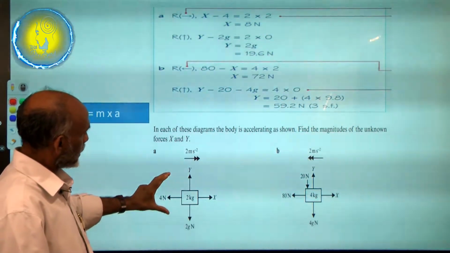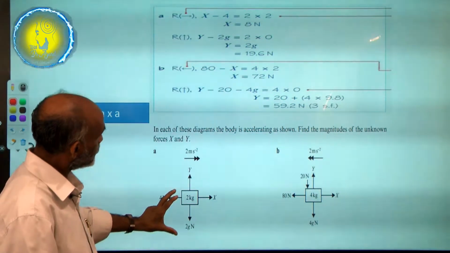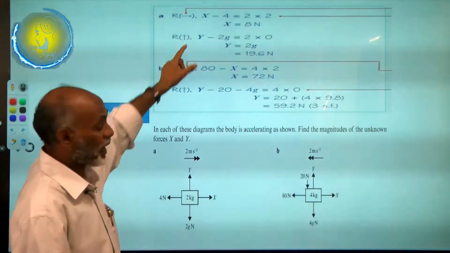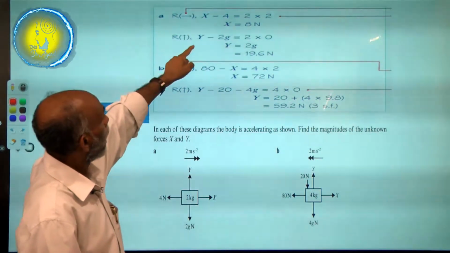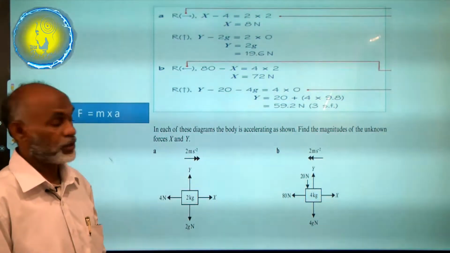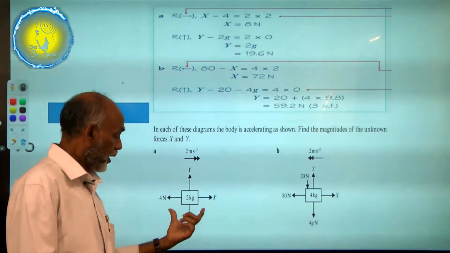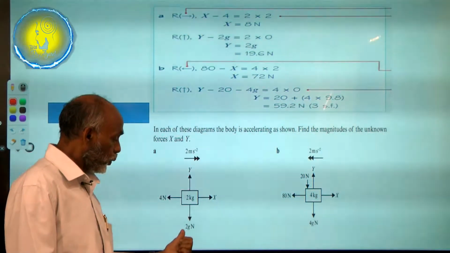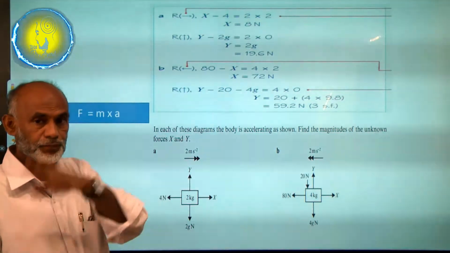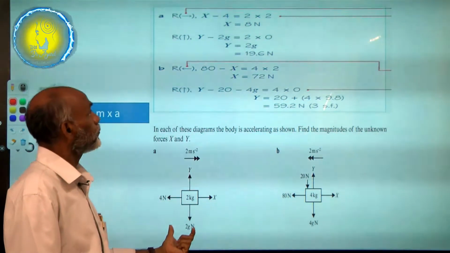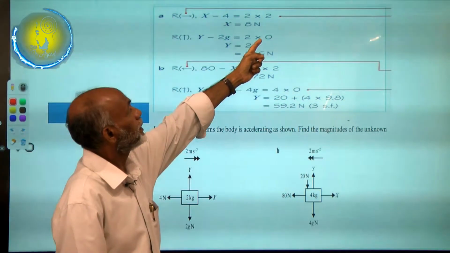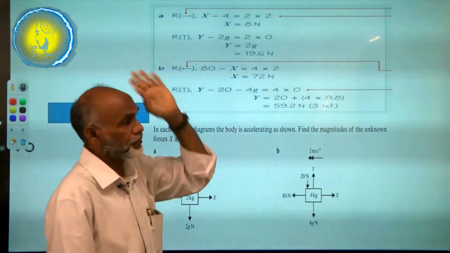Although this particle doesn't move upward, still we can specify the arrow, it moves up: y minus 2g. That means y is the normal reaction on the particle, 2 is the mass, and g is the gravitational acceleration. So 2g generates a force. That force: y minus 2g equals, here we say the acceleration is 0.